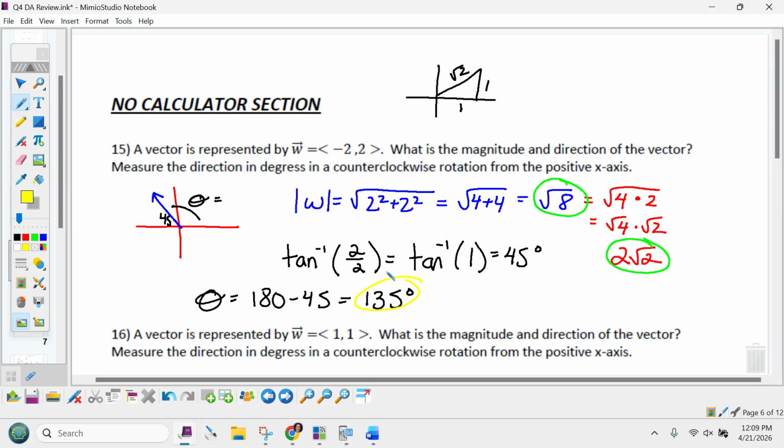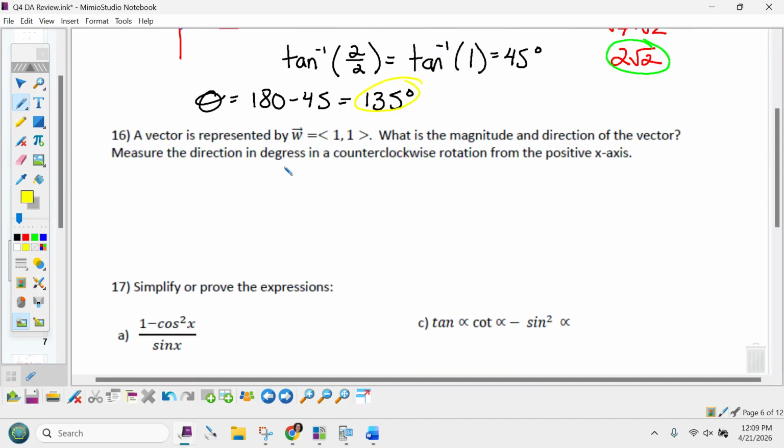All right, let's try that again with 16. Oh, I kind of already drew this picture with my trig answer above. So we've got 1, 1.